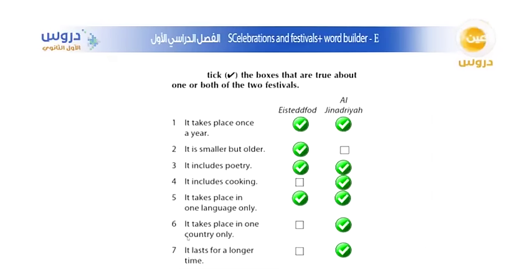Maybe at least to you, but I think a lot of people do like it. Number 4, it includes cooking. That's only for Al-Janaduriya. It takes place in one language only. That's for both. That's very good. It takes place in one country only. That's Al-Janaduriya, whereas Eisteddfod is in Europe. It lasts for a longer time. That's Al-Janaduriya. Very good. Australia and Argentina, right?